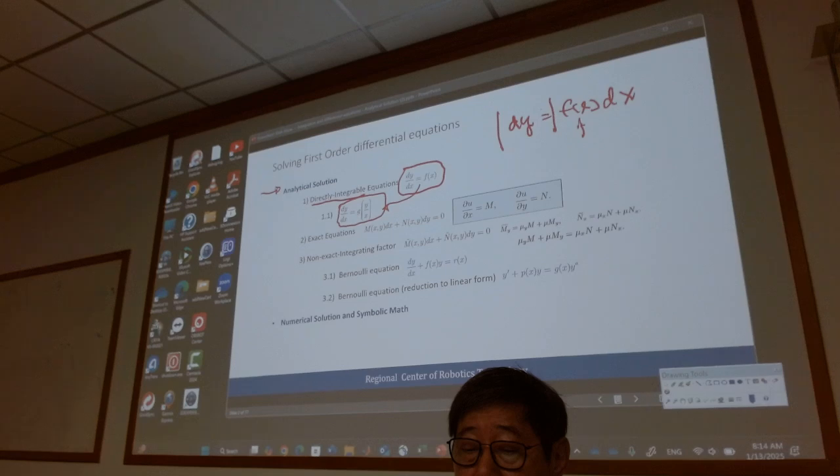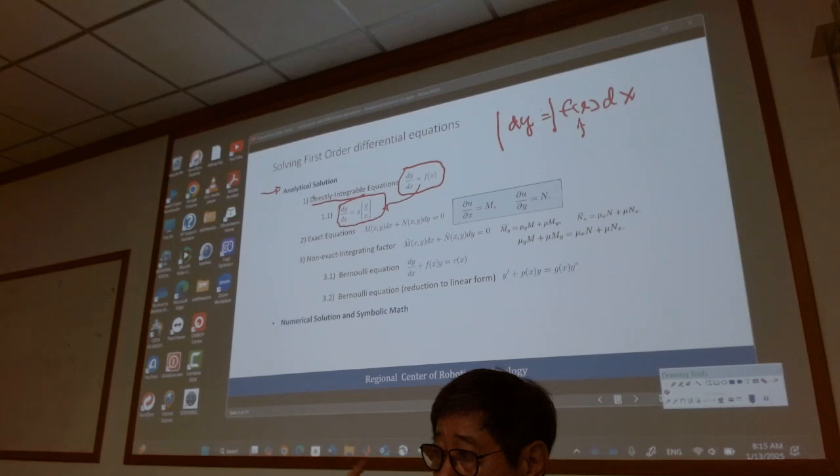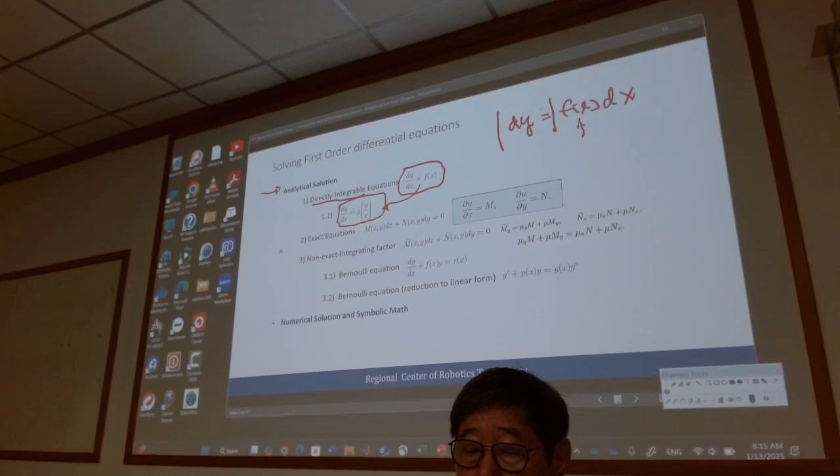The first one is direct integration, which I think you studied a lot during calculus 1, 2, or whatever. The other one, I think you already studied some pieces of, is to modify our system into this form.